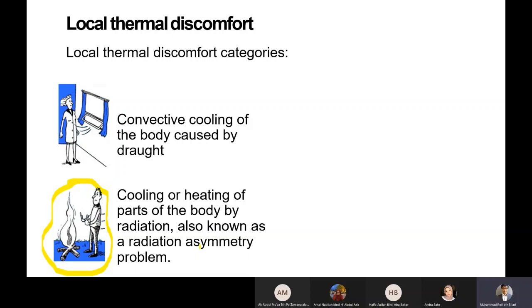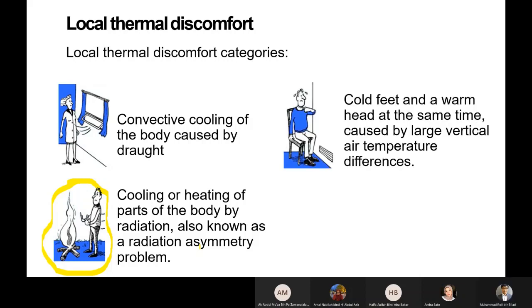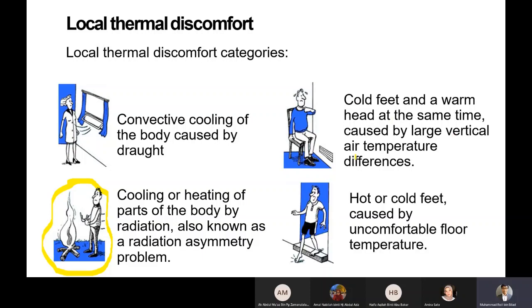That's the part that makes you uncomfortable because you have to face the sun. You can experience local discomfort because of a high vertical temperature difference, hot on the top, cold on the bottom. Or you can also experience cold feet, because of an uncomfortable temperature of the floor.